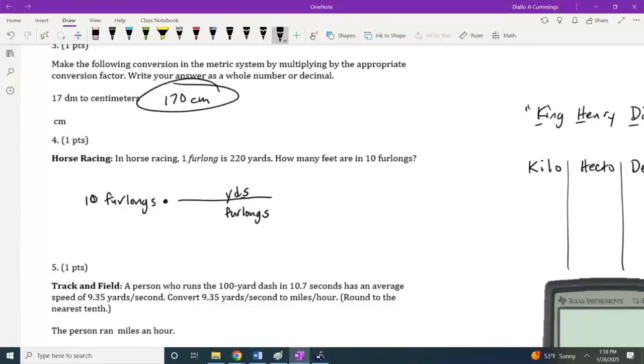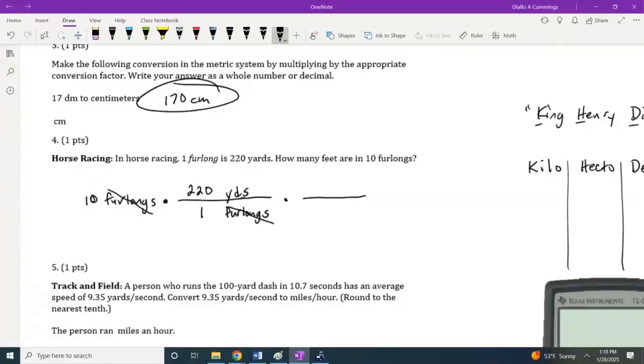And I'm going to write out my unit fraction: 1 furlong is 220 yards. So that means when I multiply, the furlongs units are going to cancel, and I'm left with yards, right? But I don't want the answer in yards. We want the answer in what? Feet.